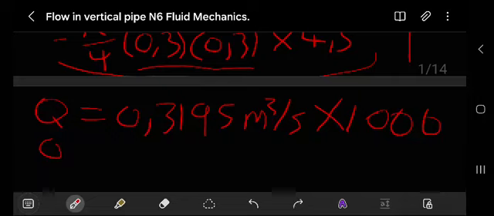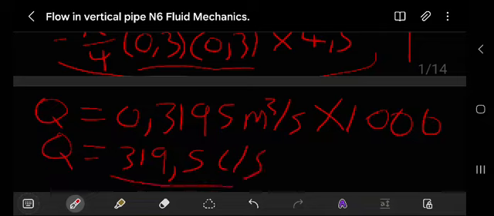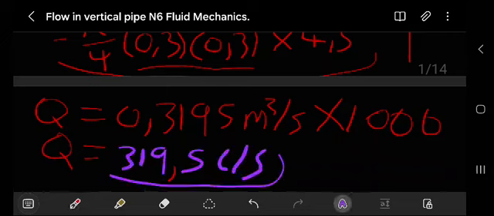Therefore Q will be equal to 319.5 liters per second. This is our answer in liters per second. This is Q, right?